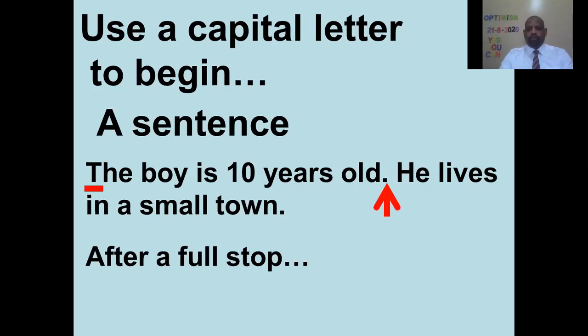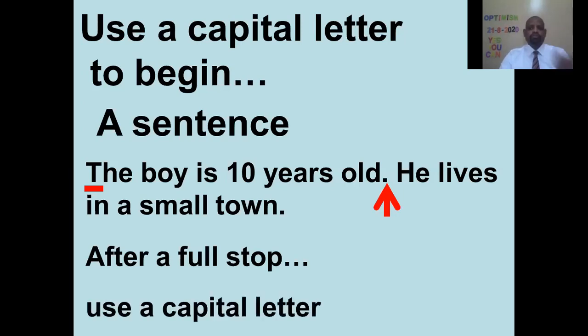After a full stop, as you see here in this sentence, you must start with a capital letter, as he, capital H. Don't forget this, it's very important. When you write a sentence, just start with a capital letter. After a full stop, start with a capital letter too.